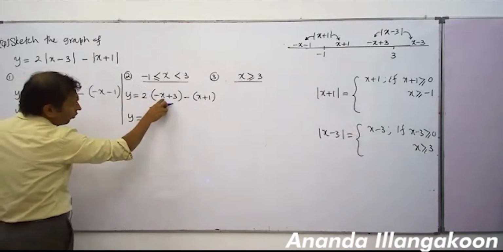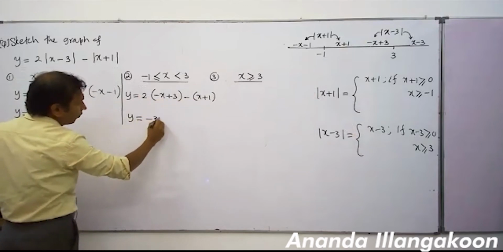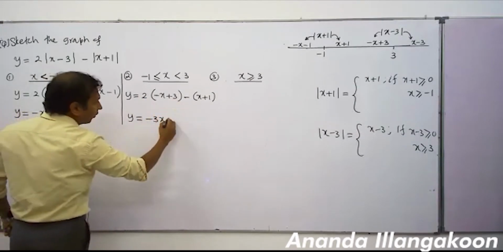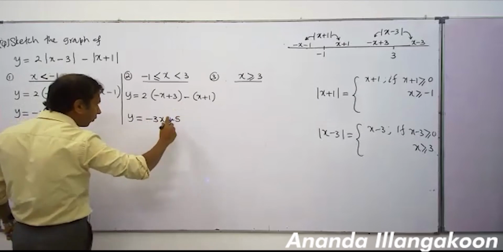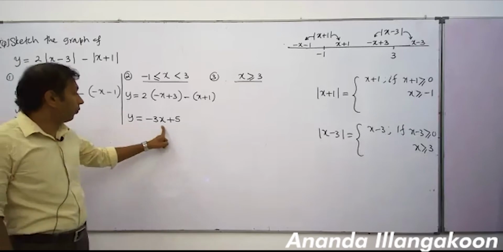Minus 2x, minus x, minus 3x. Here 6 minus 1, it is 5. Minus 2x, minus 6, minus 3x, 2 into 3 is 6, minus 1 is 5. This is the graph we have drawn.